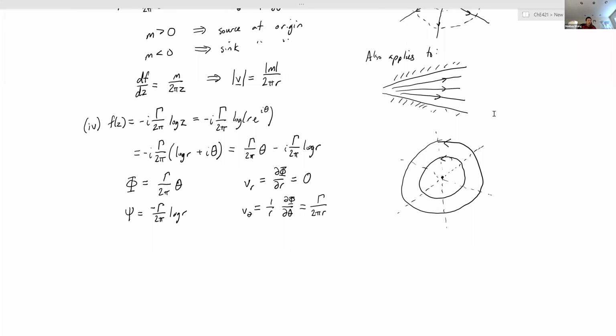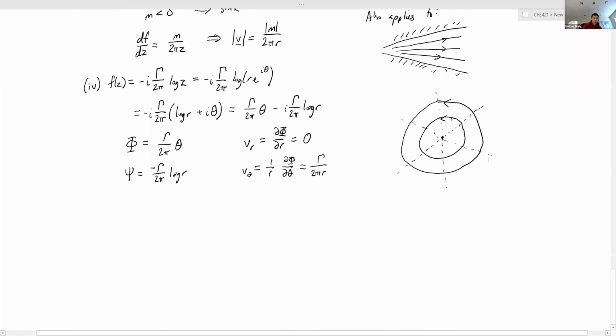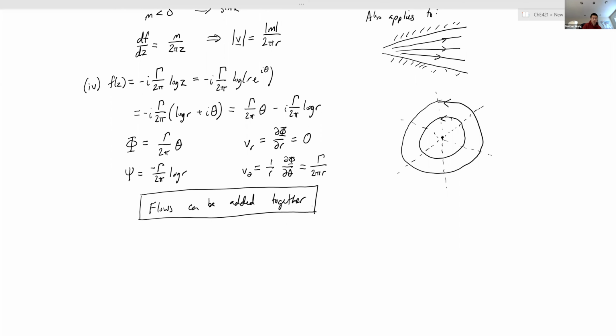Okay, one quick note: flows can be added together. In other words, if you know two functions that look valid, then you can add them together and get another potentially valid flow, right?